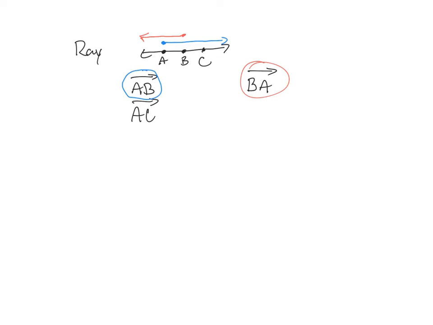It's kind of weird with this second one, the red one, BA. Sometimes this trips people up, but the arrow is going to the right when you draw it there, but in the picture, it's going to the left. So try not to get too tripped up on that. It's just saying starting at this first letter B, going toward the A forever.